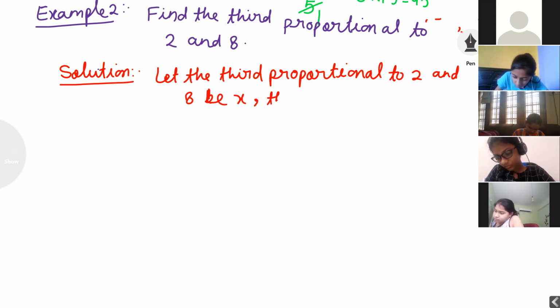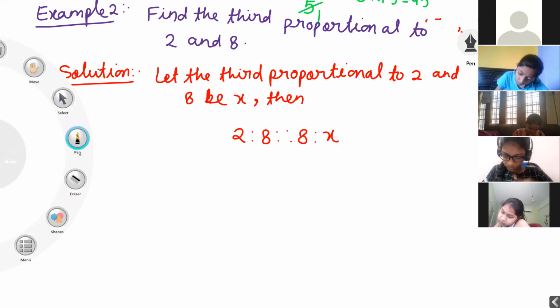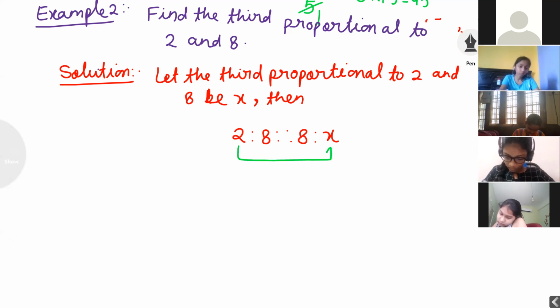Then I will write 2 is to 8 is the same as 8 is to x. This is the concept. And product of extremes is equal to product of means. Extreme is the first and last term. Mean is the middle term. Answer is 32.